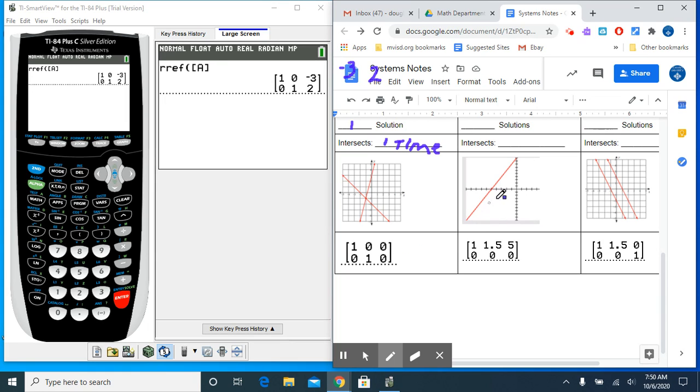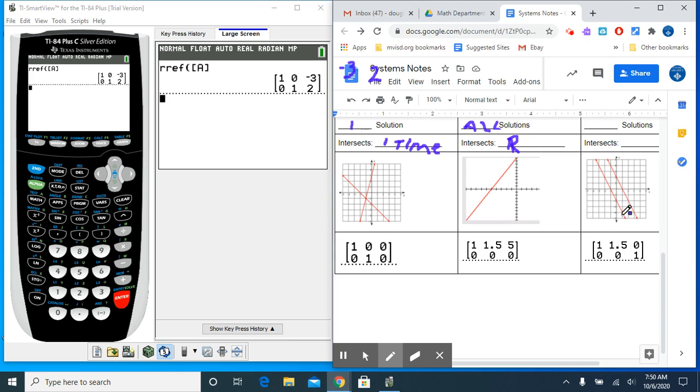If you have a single line, then that means all solutions work because all the x's and y, or all the y's are the same, right? And it intersects, well, I'm just going to put the all real number symbol everywhere. And notice you got a row of zeros across the bottom in matrices. So if you have a row of zeros in matrices, you've got an all real numbers scenario.